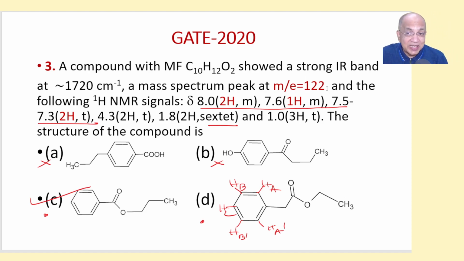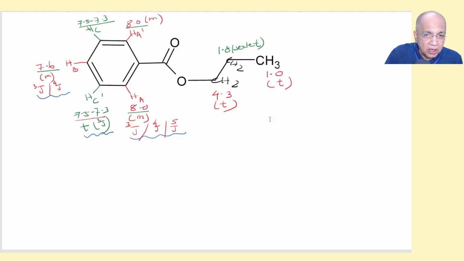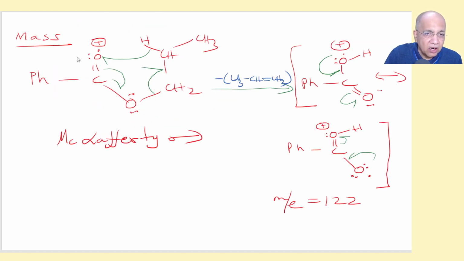122 is one of the major peaks in this compound, to eliminate the possibility of this one and accept this one. Because on McLafferty rearrangement of this one, which we selected, the loss of propene will give you this one, which has mass 122.